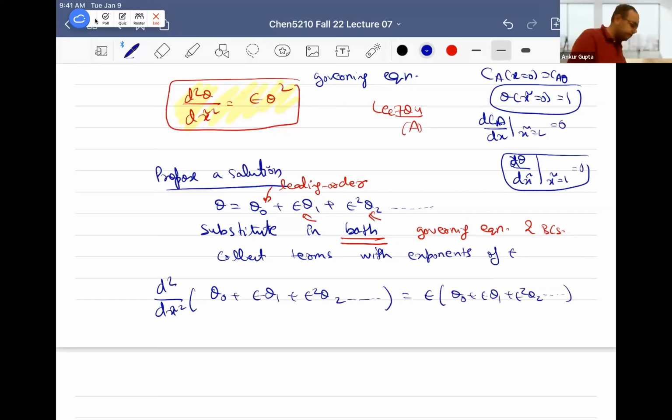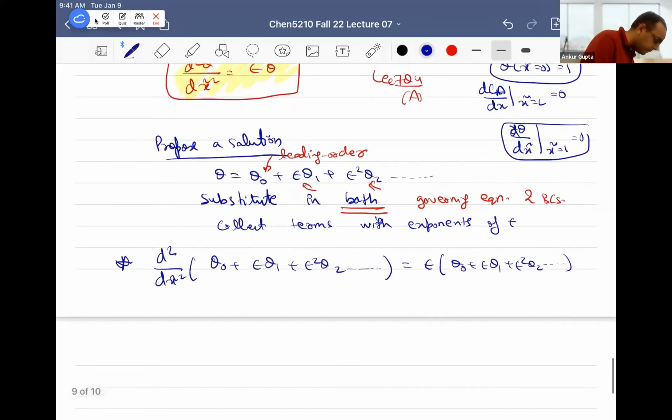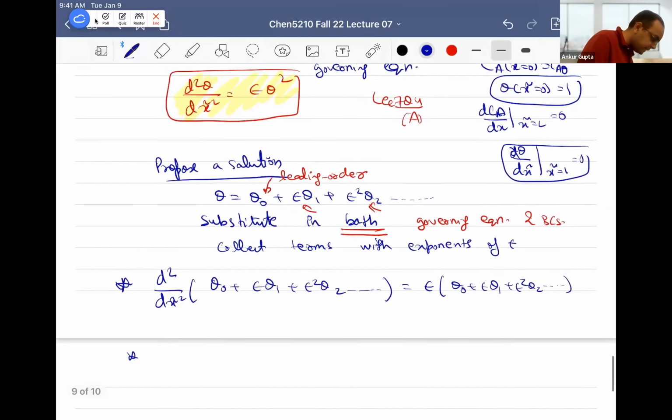That's my step 1. So this is just the governing equation. I've only substituted in the governing equation. If I just stop here, I will not get the right answers. I have to also substitute in the boundary conditions. Boundary conditions say that at x equal to 0, theta naught plus epsilon theta 1 plus epsilon squared theta 2 and so on is equal to 1.